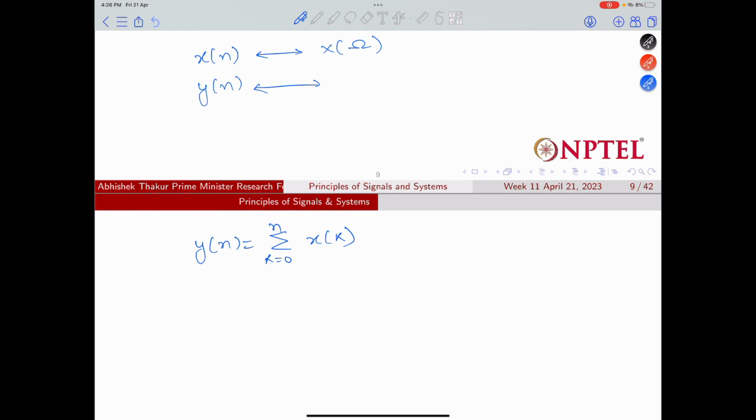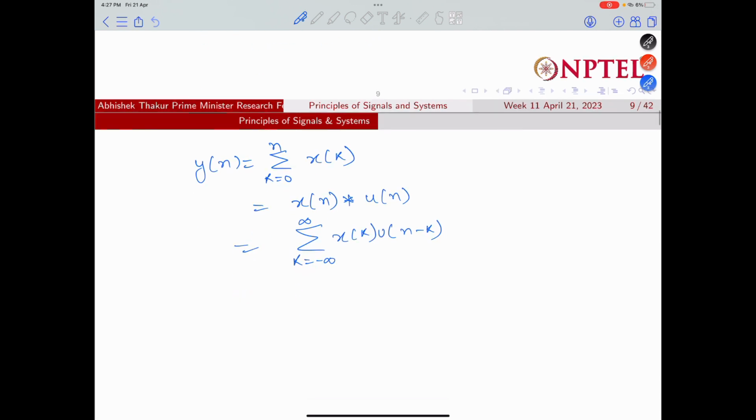In this case, we can write this simply as x of n convolution with u of n, because this term can be written as the summation of x of k into u of n minus k, where k is equal to minus infinity to infinity. So we can write it equivalently as this term.